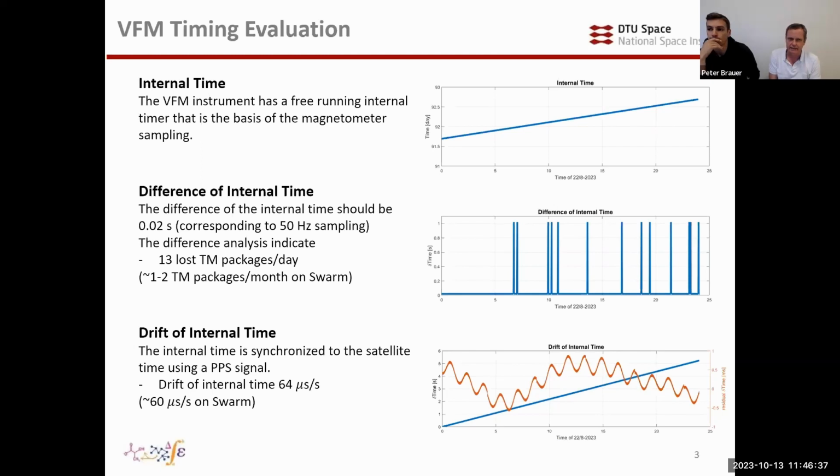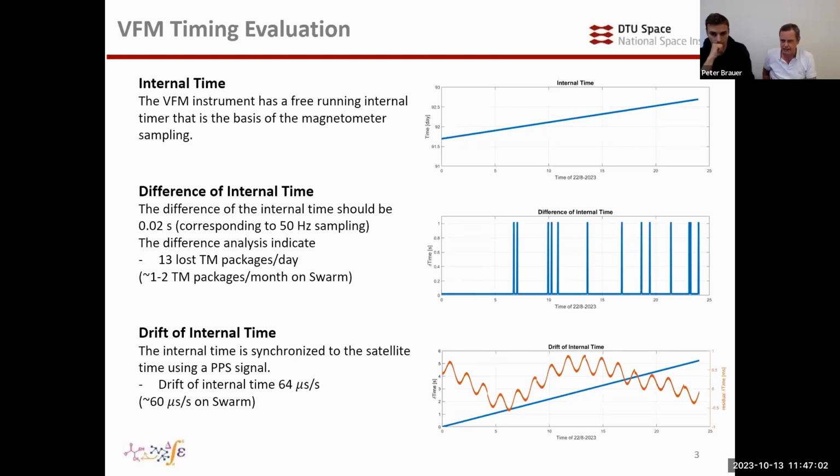If we look at the timing, the magnetometer has an internal counter that is describing the time of the magnetometer, and that is used for the magnetometer sampling. By a difference analysis, we see the same missing packages that Troelz were talking about.